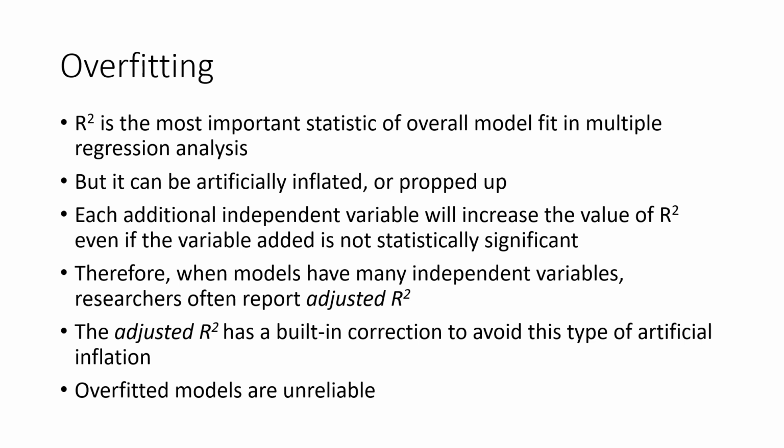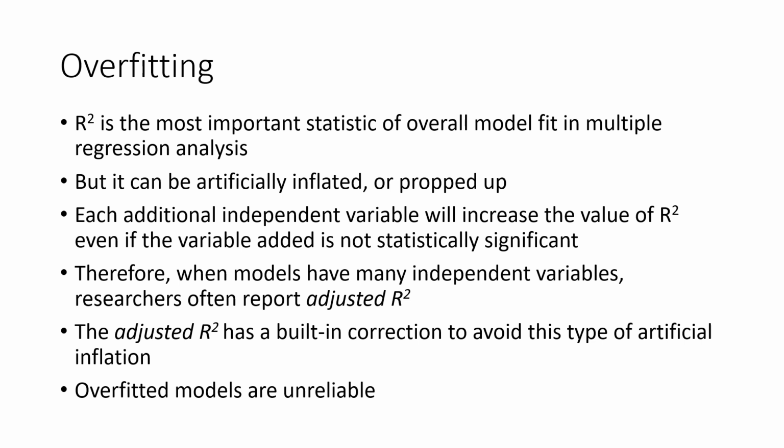And that's the case even if the variables you add are meaningless or not significantly related to your outcome. So an unscrupulous data scientist, in order to bolster an R squared value, a coefficient of determination, might add a bunch of variables that don't add much value overall to the model, but increase the R squared value.